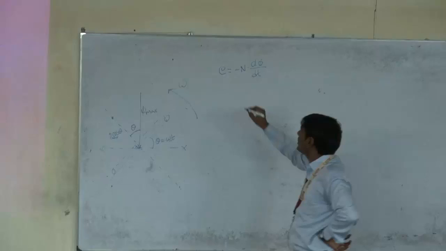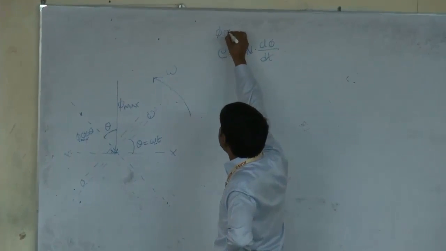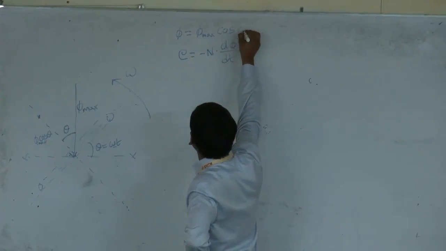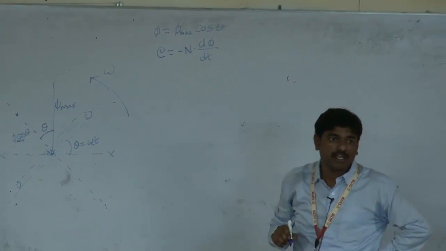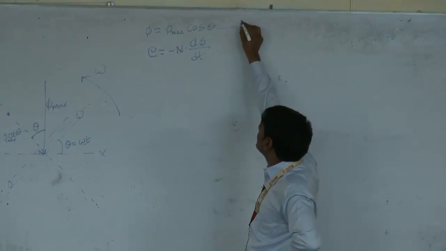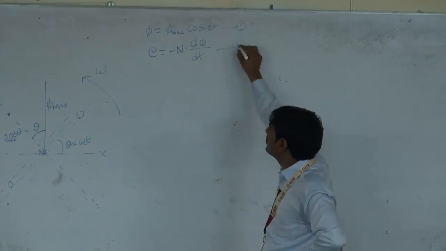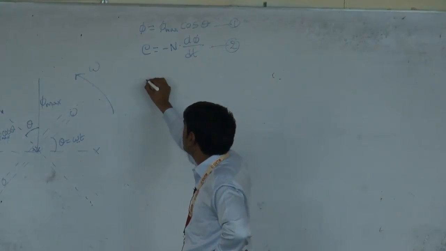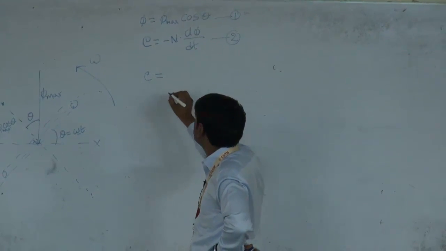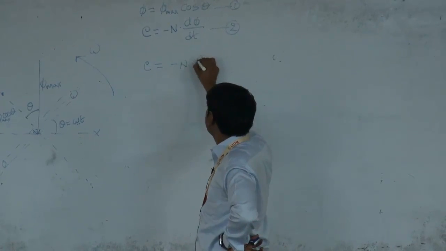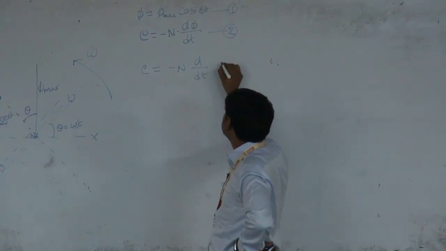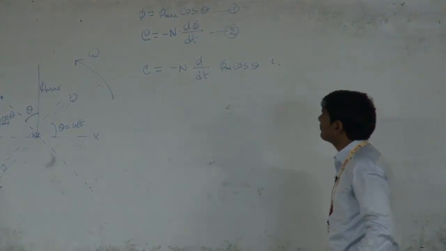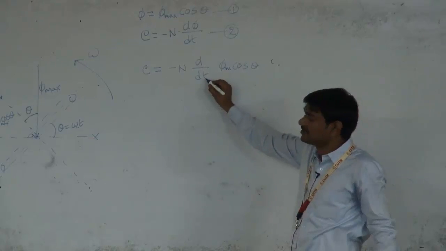Here we know that at any instant, phi is equal to phi max cos theta. Let's take this as equation 1 and that as equation 2. Now let's put equation 1 in equation 2, then you will get E, the induced EMF in the conductor, equal to minus n d by dt of phi m cos theta. Okay. Here the derivative is with respect to time.